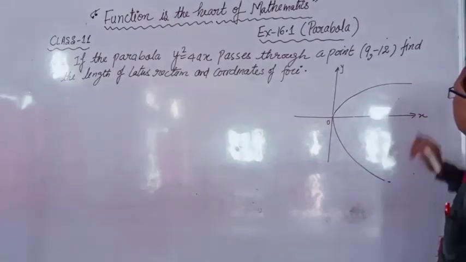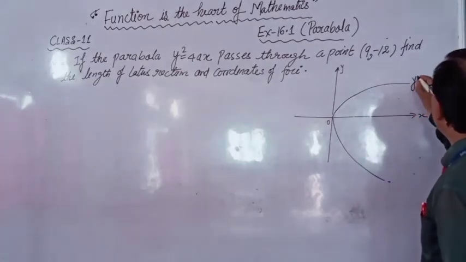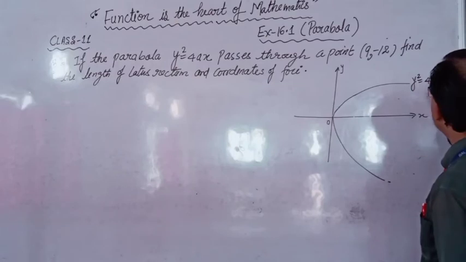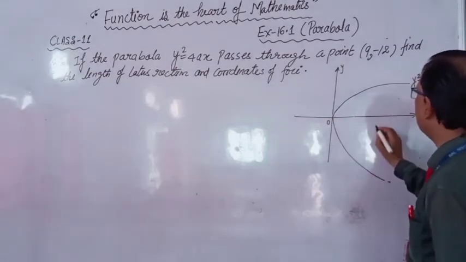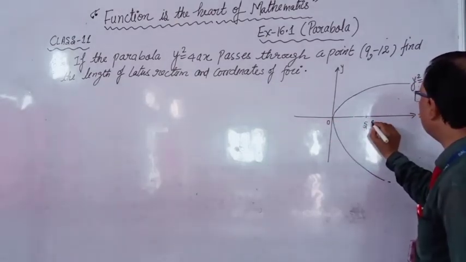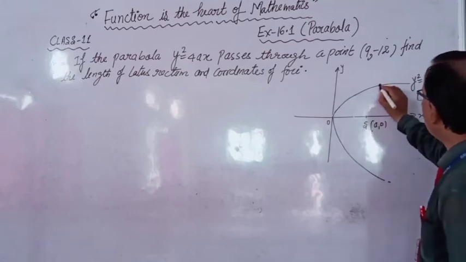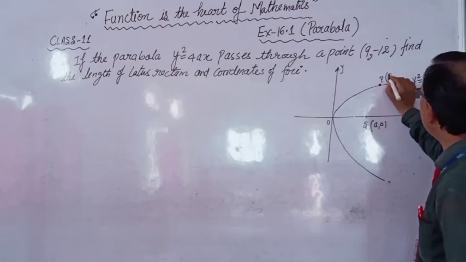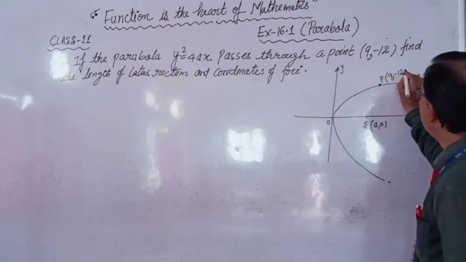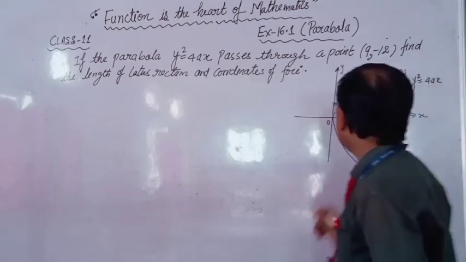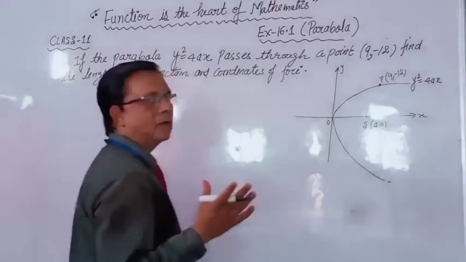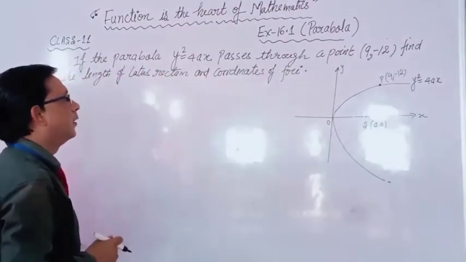This is your parabola. Y square is equal to 4ax and this point is known as vertex and this is your focus a, 0 according to given parabola. And our parabola passes through the point 9, minus 12. Then we are going to find the value of a and the length of lattice vector and everything.